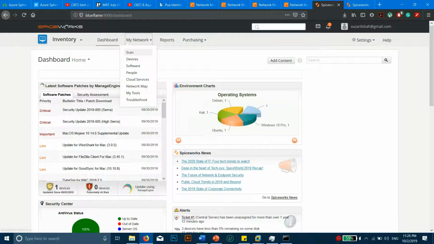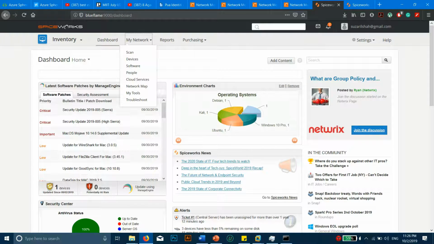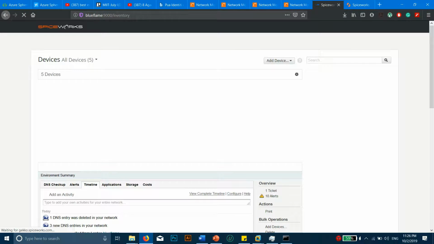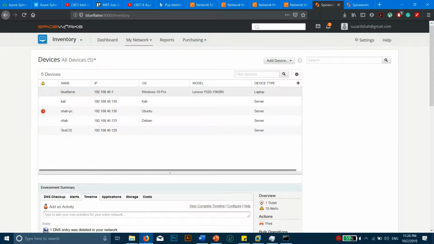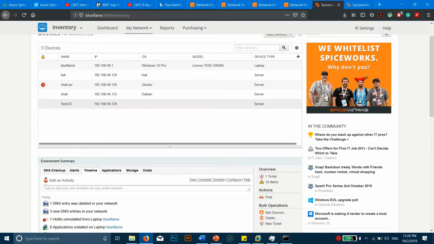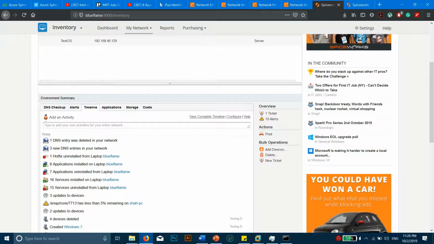But you can see your devices itself. It shows you the operating systems connected to the network monitoring services, which are Debian, Kali Linux, Ubuntu, Windows 10 Pro, and also Windows 7. Okay, these are the devices that are connected to my network monitoring services. We have definitely 5 operating systems that are connected to my NMS.